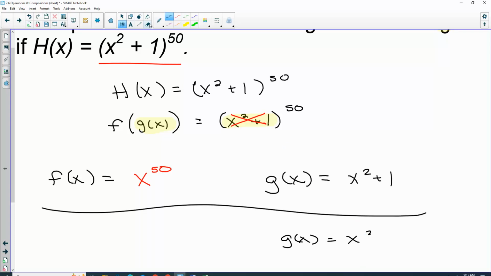And if g of x is x squared, so think about x squared plus 1 to the 50th. So when you undo that function, I would be replacing the x squared with an x. If I did that, then function f would have to be x plus 1 to the 50th. Would this also work, that if you compose them, you get x squared plus 1 to the 50th?